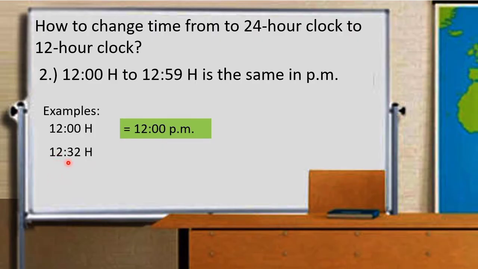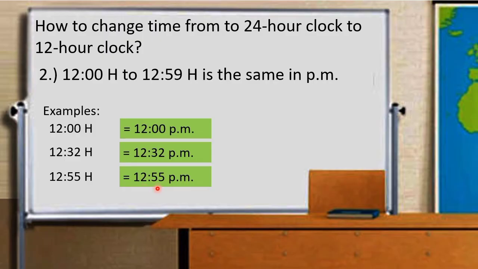Next, 1232 hours is equals to 12:32 PM. 1255 hours is equals to 12:55 PM. So, kinokopya mo lang siya and then pinapalitan mo lang si H ng PM. Kapag ang time natin is from 1200 hours to 12:59 hours.